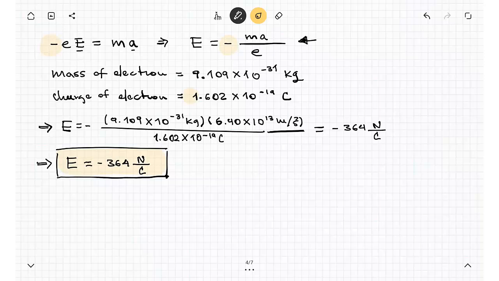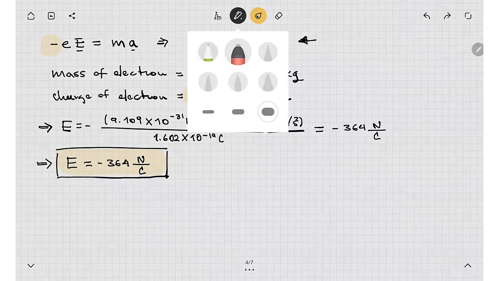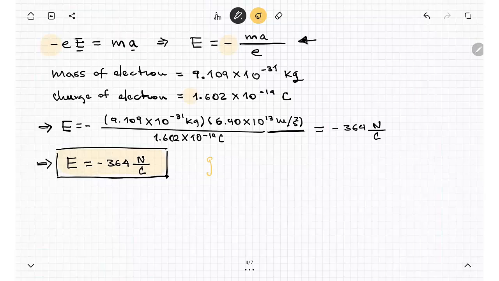We should know that the acceleration produced by this electric field is much larger than the acceleration of gravity. Why am I telling that? The acceleration of gravity is 9.81 meters per second squared.